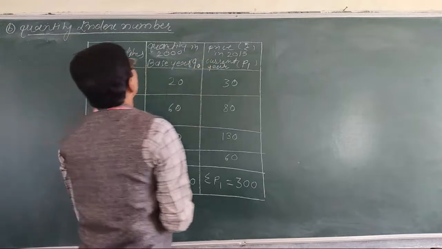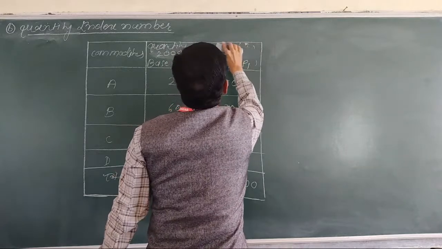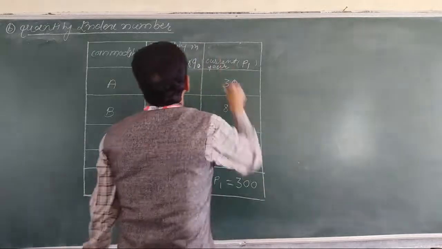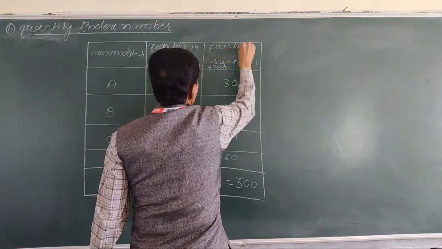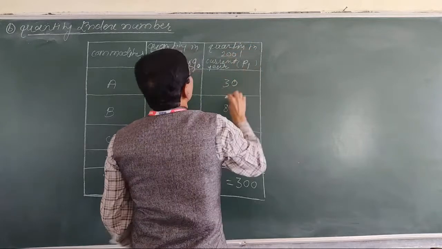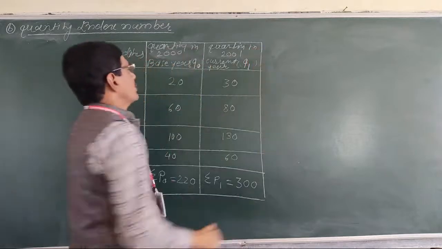Then the quantity in the year 2001, the current year, means Q1.